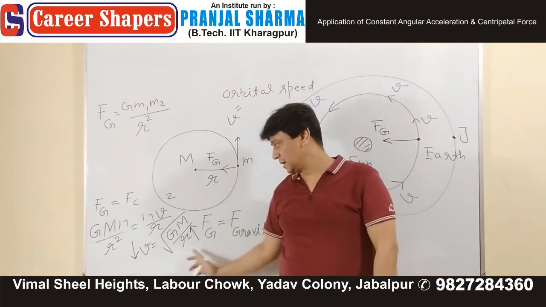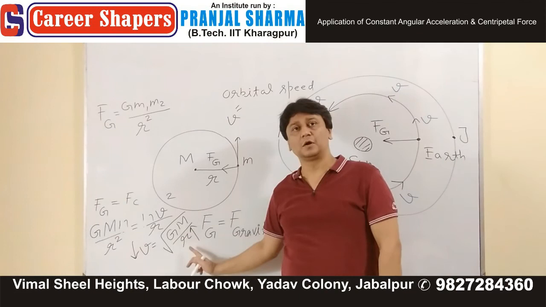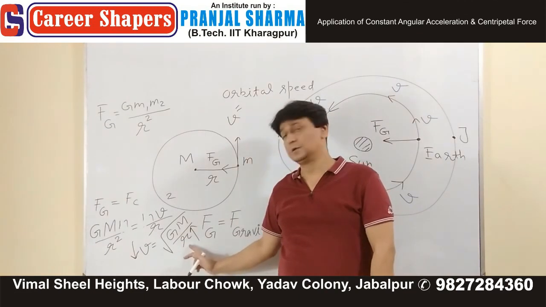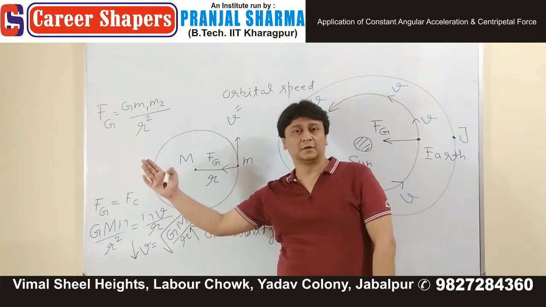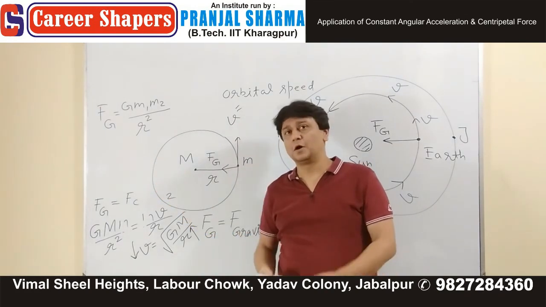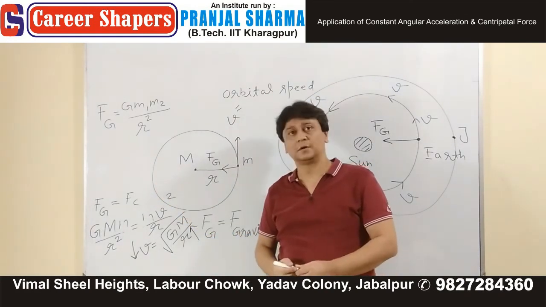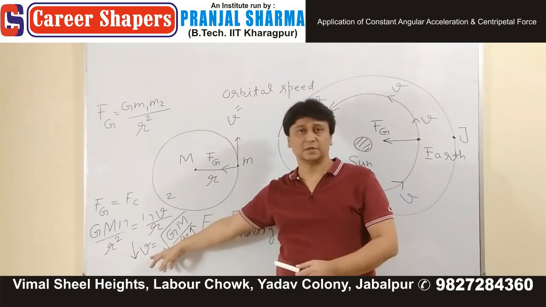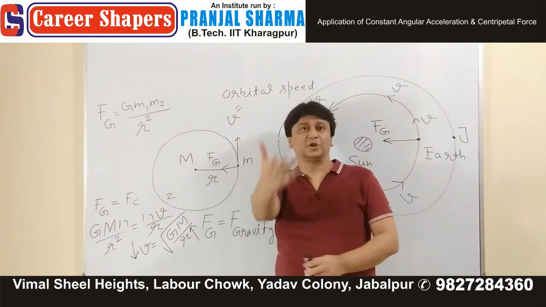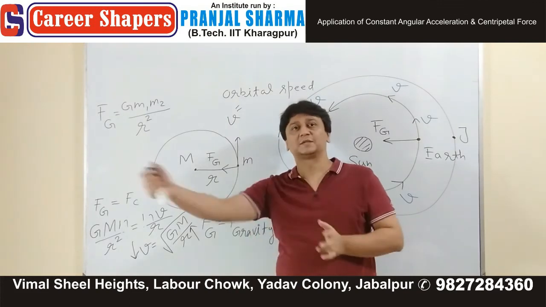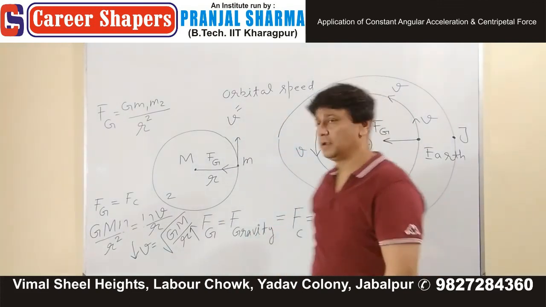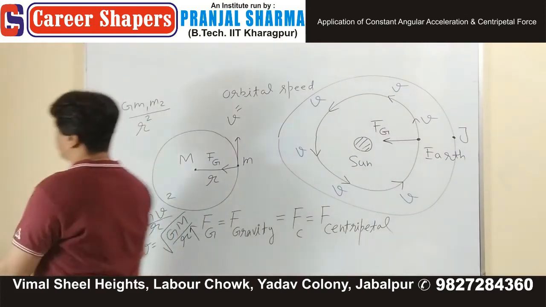Orbital speed, it is depending only on what? Orbital radius. So as you move away from the sun, your orbital speed decreases. So the question can be that which planet is moving with maximum orbital speed? I hope everybody knows the answer.